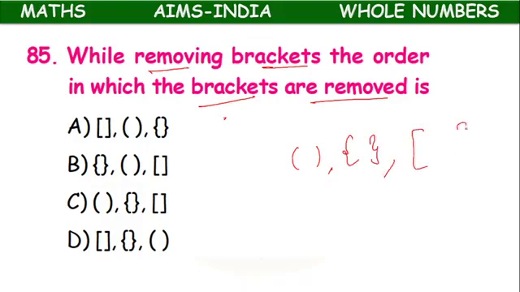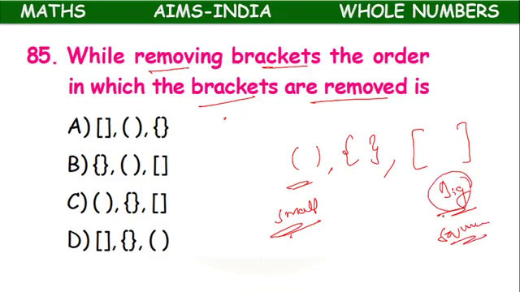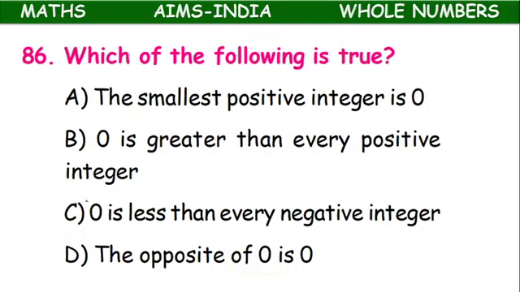Next, big bracket we have to remove. By the name itself you can find out. Small brackets are to be removed first. Big brackets or square brackets are to be removed last. Flower braces in the middle. So C option is the right answer.